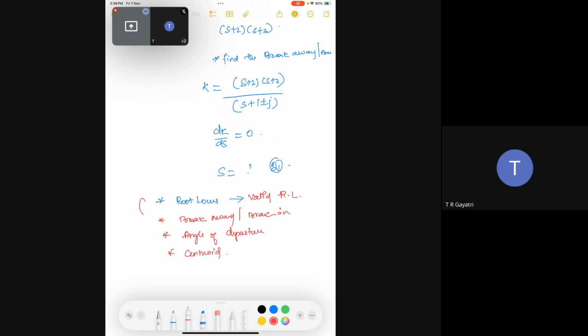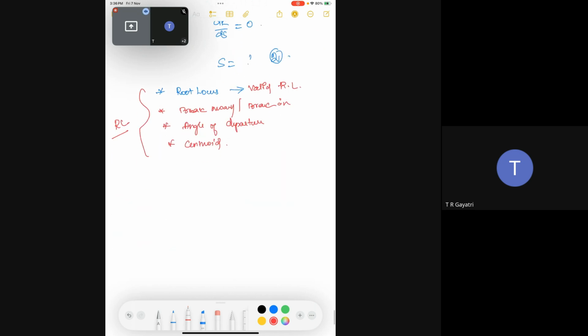So these are some potential problems you can look at from the root locus. Otherwise, we can ask when k equals infinity, if we give a G of s and H of s, and when k equals some value around 10, where the pole location would be in the root locus. Or we can ask, we have this many poles, this many zeros, and what points will we have in the root locus. These are all some questions you can expect out of the root locus problems.